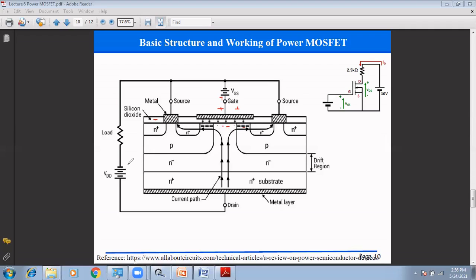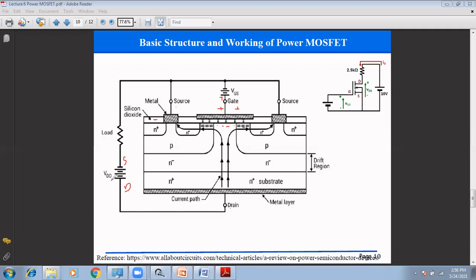Now what happens when we apply the VDS voltage? This is the drain, the D connected to the drain, and this is the source. So this is the VDS voltage applied between the source and the drain.